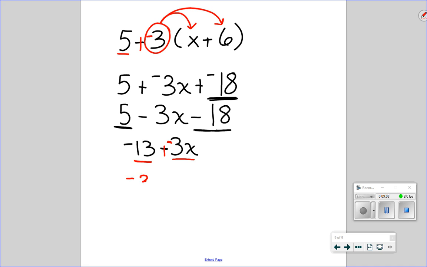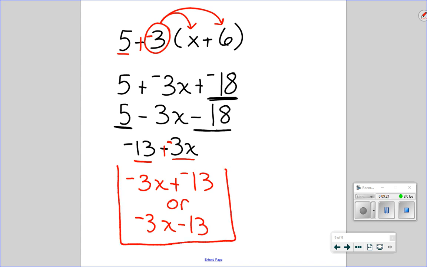So I'm going to write it with the negative 3x first, and then plus negative 13. This means the same as negative 3x minus 13. So you could write it either way and that would be fine. It's just important to put the variable first and then the constant term at the end if possible.